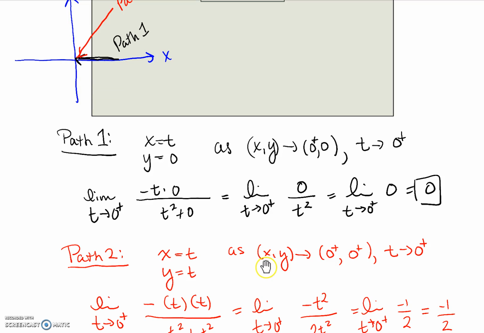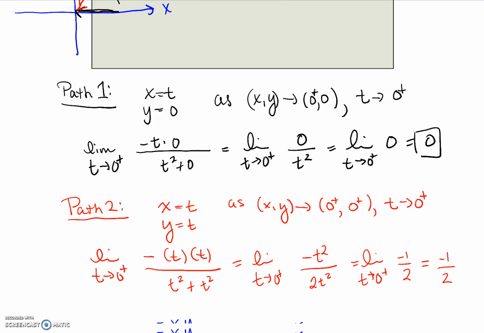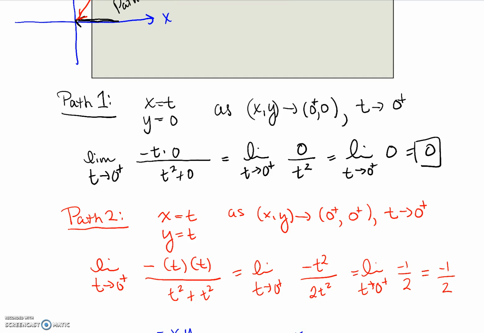So as xy approaches 0, 0, because both x and y are approaching 0 from above, that will force my parameter, which is also x and y, to be going towards 0 from above as well.